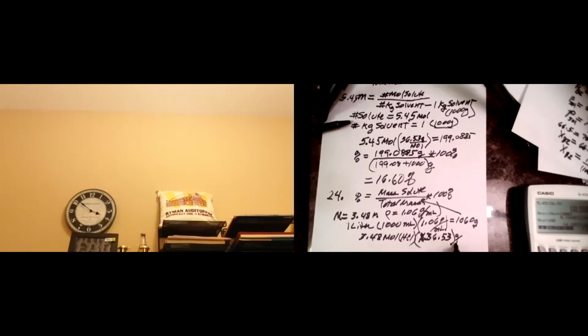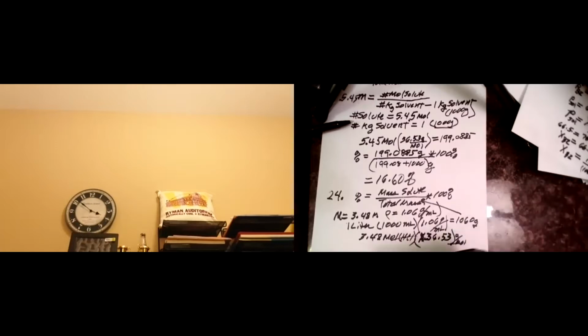Now, that 1,000 milliliters would have 3.48 moles of HCl. The mass of the HCl would be 3.48 times 36.53 grams per mole.